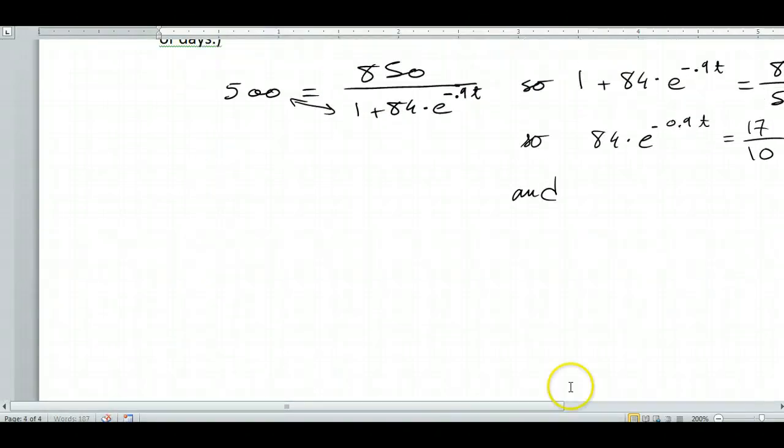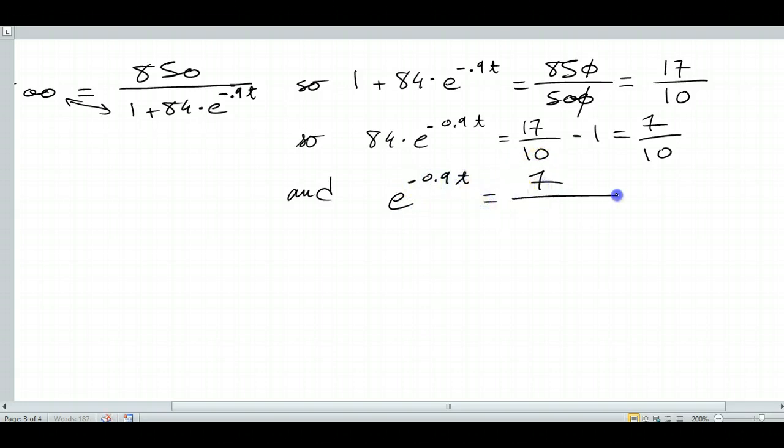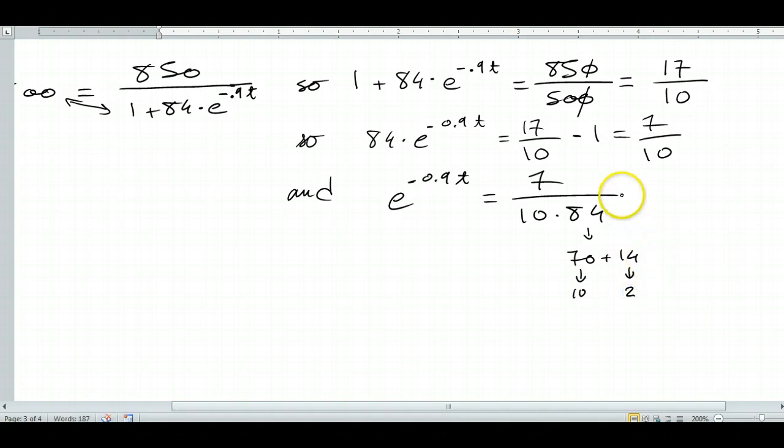I divide by 84. So e to the negative 0.9t equals 7 over 10 times 84. Oh, look, this is 7 times 12, right? So when you divide by 7, you get a 1, and you divide by 7, you get a 12. Okay. So it is 1 over 120.